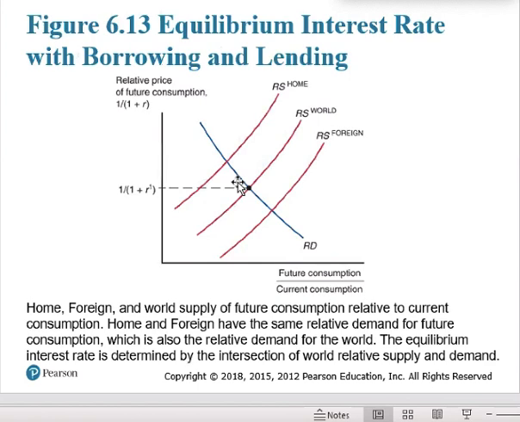So in the previous material we have learned the model for how we determine the price of traded goods, and here the price of the traded goods is the interest rate. All right, the price of future and current consumption. This is the price of consumption today, right?